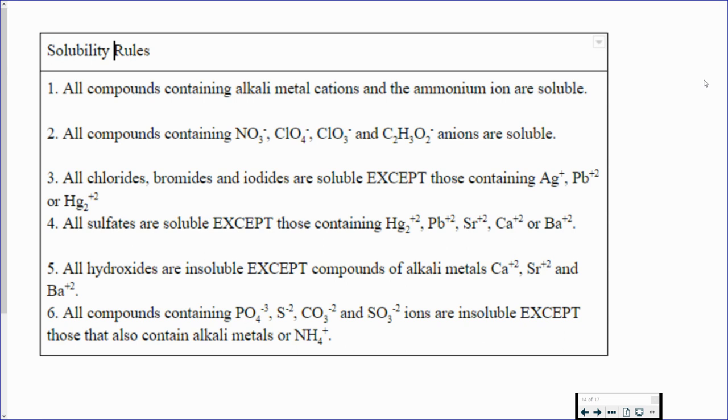Rule number 1 tells you that all compounds containing alkali metal cations and ammonium cations are soluble. Well, these are group 1, so they are 1A. That's those cations. And this is NH4 plus. All of those are soluble. If you see that in one of your products, you automatically know it's soluble.